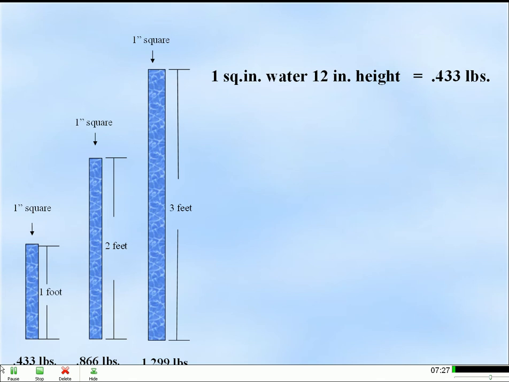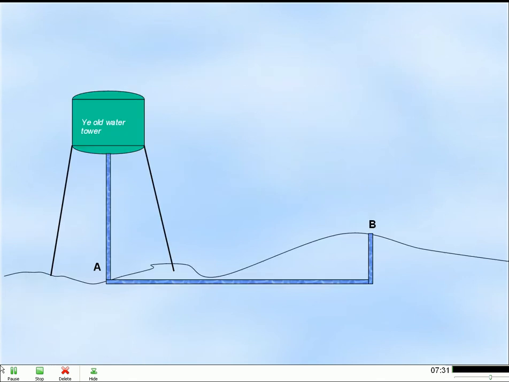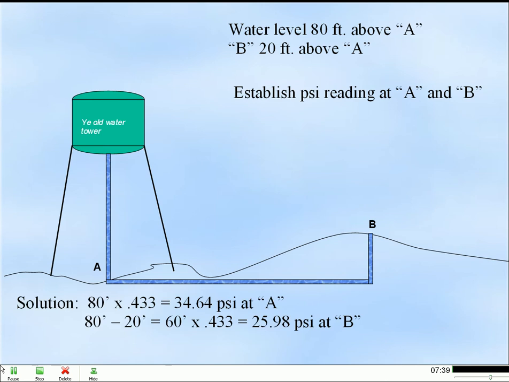To illustrate this principle, this water tower is 80 feet high. Using the formula discussed previously, water pressure at the base of the tower will be 34.6 psi. 80 times 0.433 equals 34.6. However, the psi at point B will be 25.9 psi, 60 times 0.433.